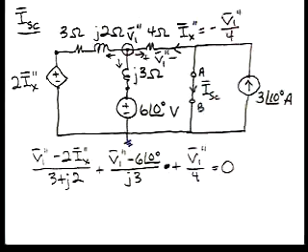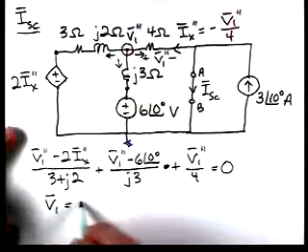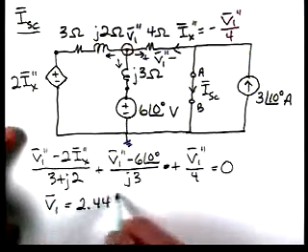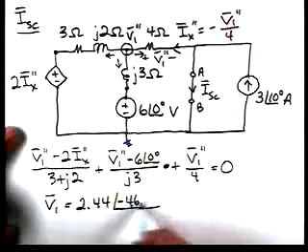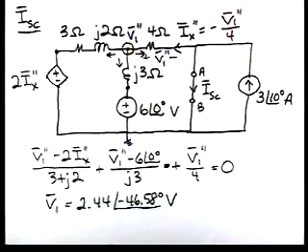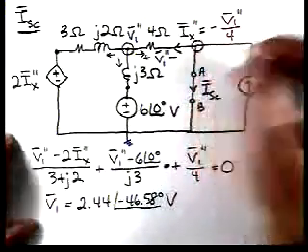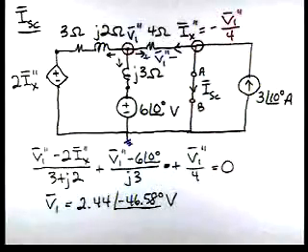If we substitute that in and solve, we get V1 is 2.44 at an angle of minus 46.58. Now, to calculate I short circuit, I'm going to need to apply KCL at that node.